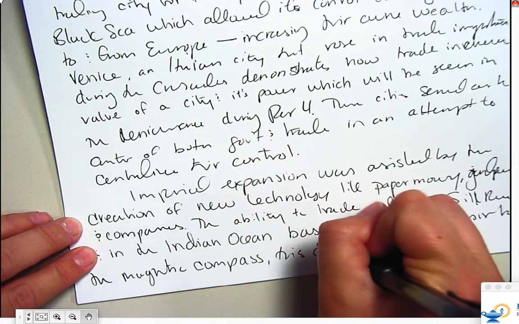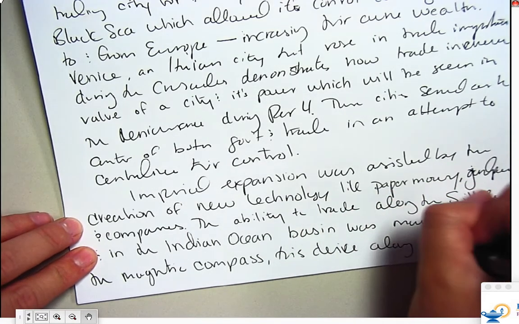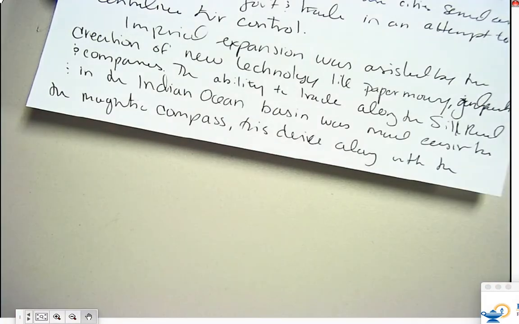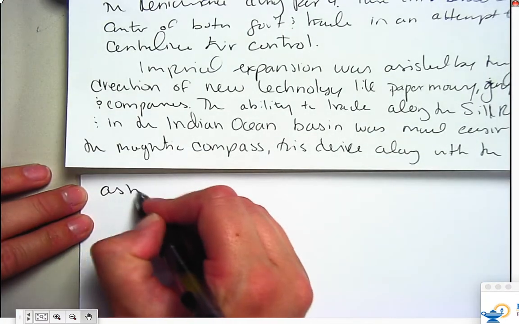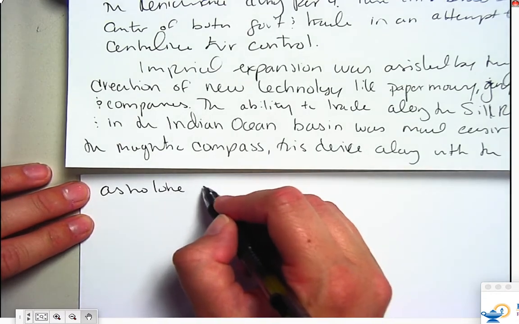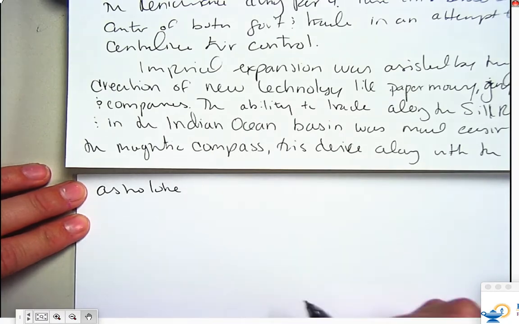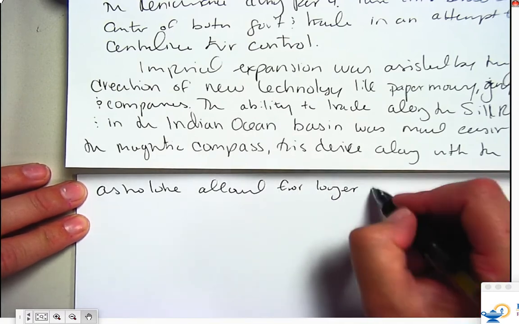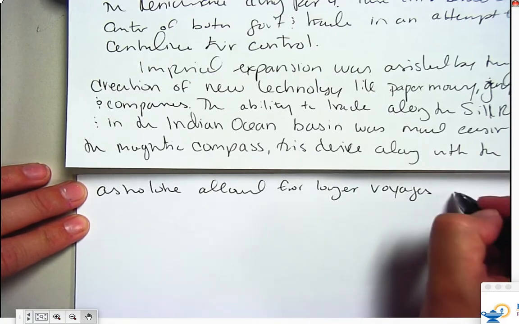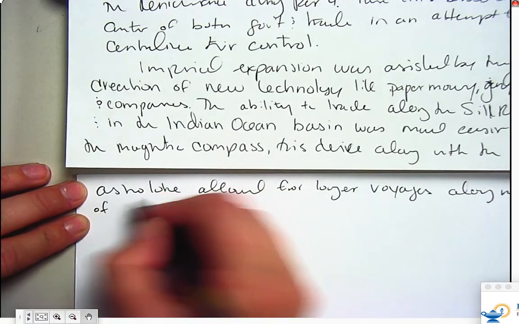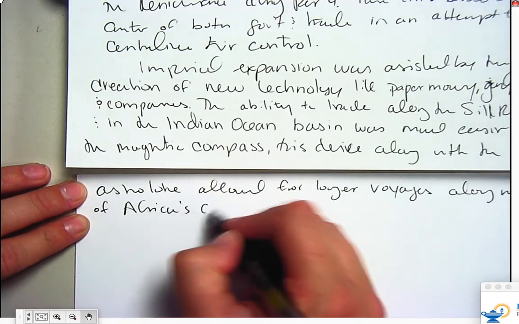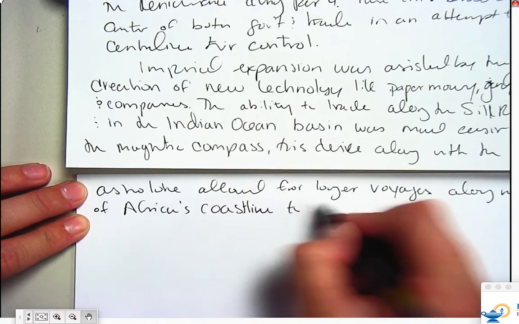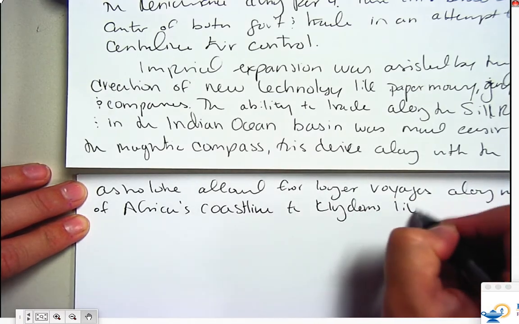This device, along with the astrolabe, allowed for longer travels, longer voyages, along more of Africa's coastline to kingdoms like the Kingdom of Axum.